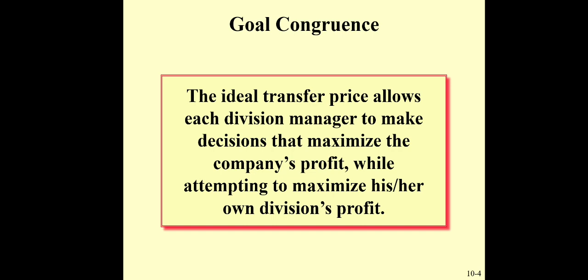A good transfer price situation is a situation where the transfer pricing transaction is good for the whole company or the whole business, not only good for one division within the company. Always remember that.